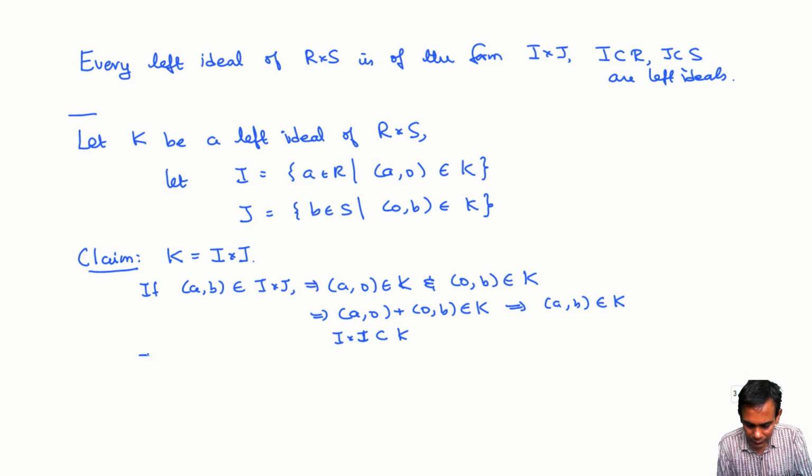For the converse, if (a, b) is in K, then we can take (1 of R, 0) times (a, b).